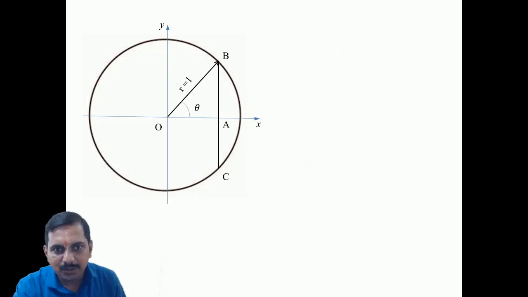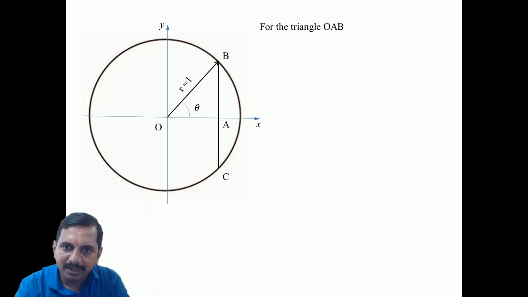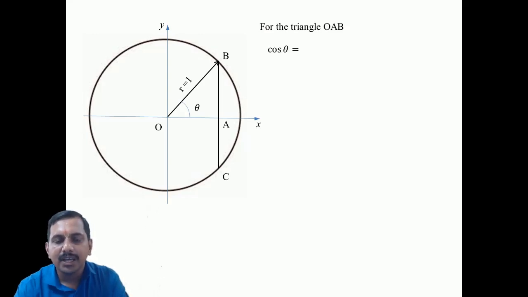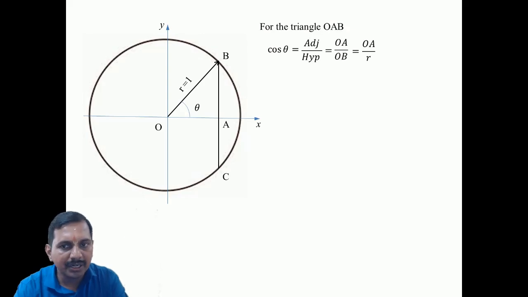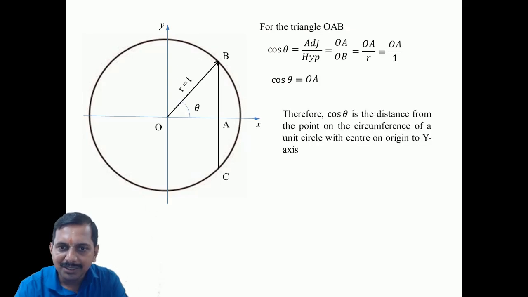Okay. Next one, let us see cosine. We'll consider the same triangle, and here cos theta is adjacent divided by hypotenuse. What is adjacent here? OA, right? And OB is the radius, so OA by r, OA by 1, because we have taken r equal to 1, we get cos theta is equal to OA. What is this now?